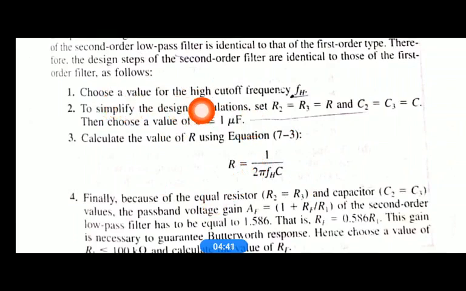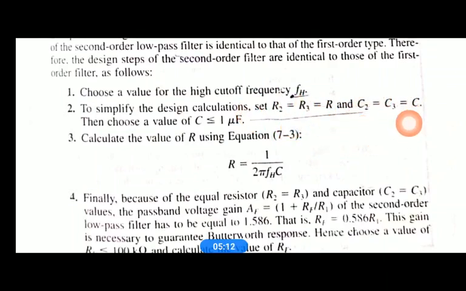Here we need to choose the cutoff frequency. FH is given for the low pass filter, so for the high pass filter you take FL to design. You select FL first, then simplify the value of R by choosing C. You choose C2 and C3 equal, R2 and R3 equal.